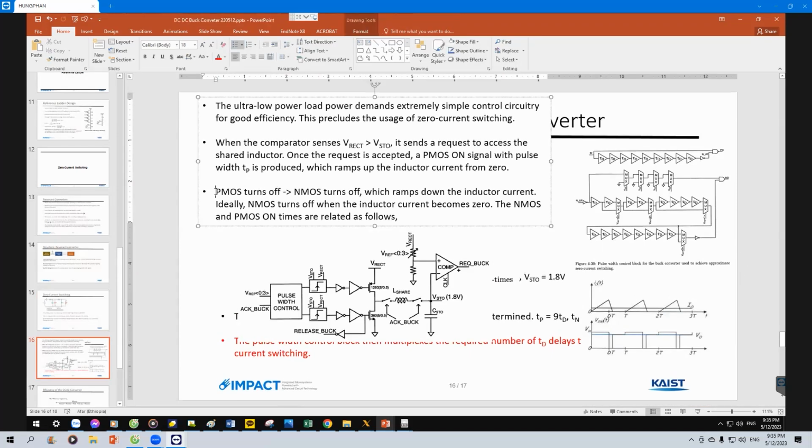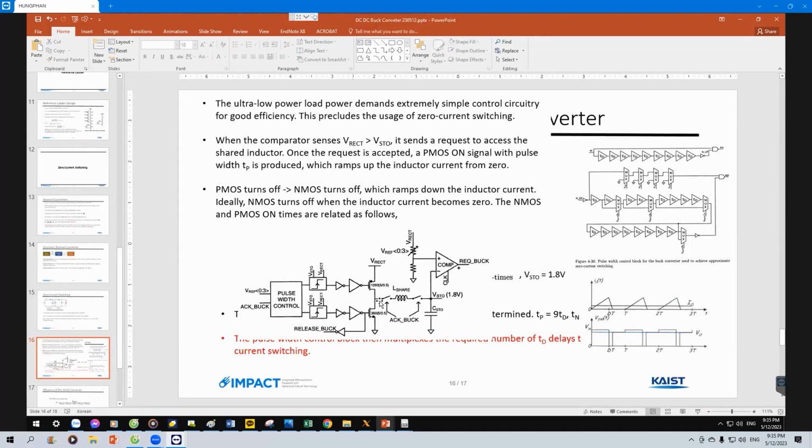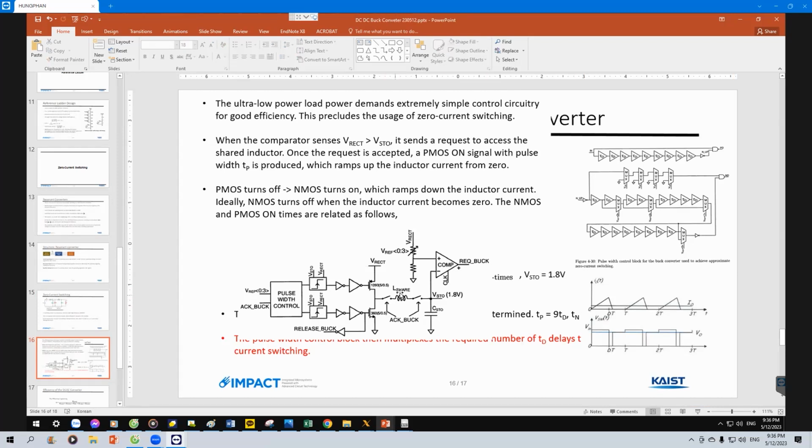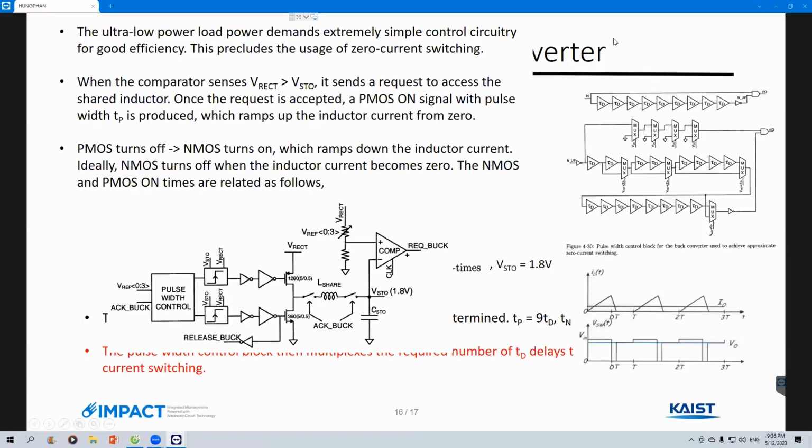So here, the PMOS turns off. This is the PMOS. Here is the NMOS. When it counts down, the NMOS will turn on, by the way. It's a mistake, it will be on. Yeah, I mentioned it. First is the buck converter, two phases.